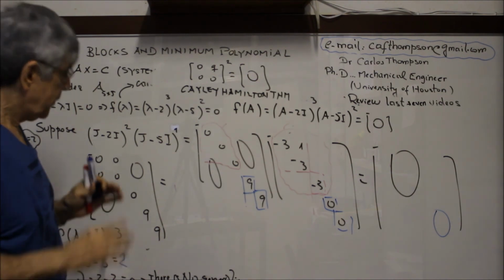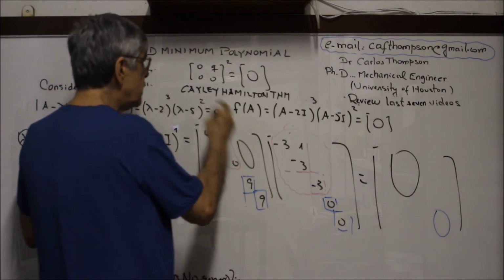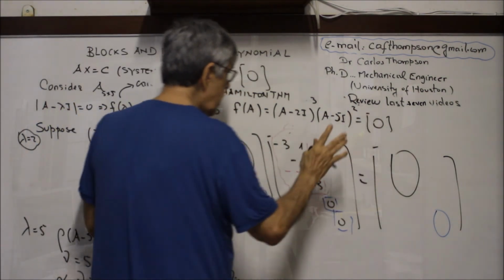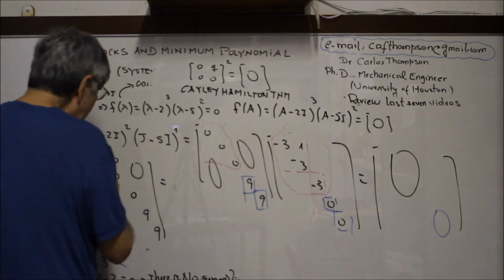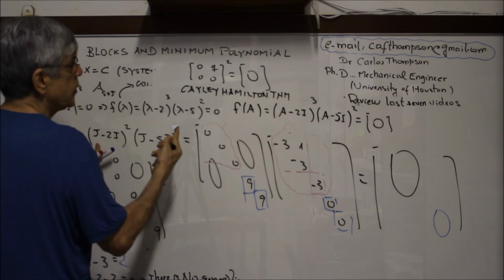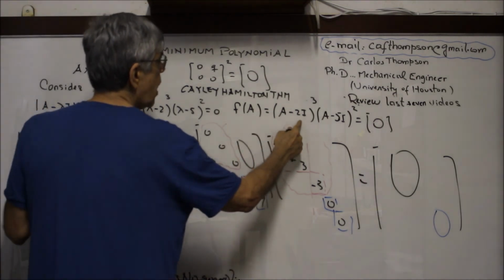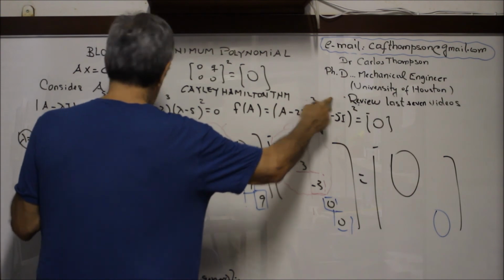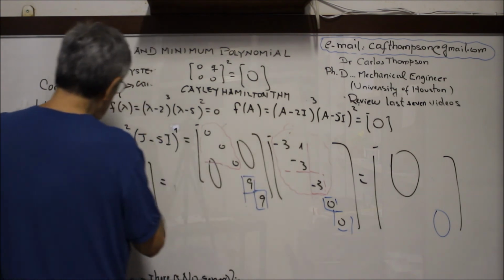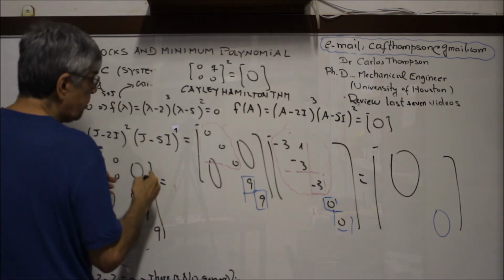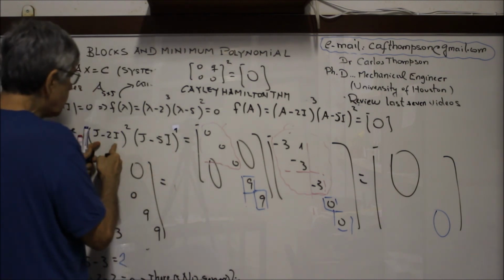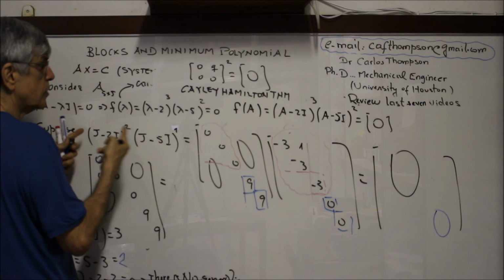Now repeat. From the Cayley-Hamilton Theorem, we got 0 there. But we found out that if j minus 2i squared is 0, obviously j minus 2i to the power 3 will be 0 too, because I multiply 0 times j minus 2i.